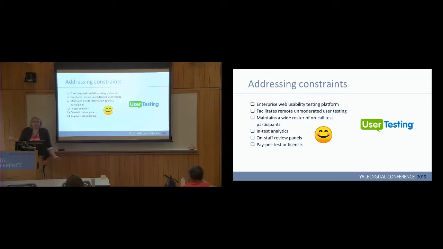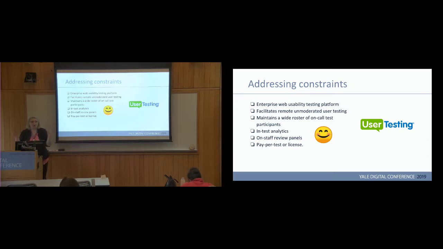Usertesting.com was the first platform that I looked at. How many people have heard of usertesting.com? Yeah, okay. It's an enterprise web usability testing platform. It facilitates remote unmoderated user testing. It maintains a wide roster of on-call test participants that they pay.